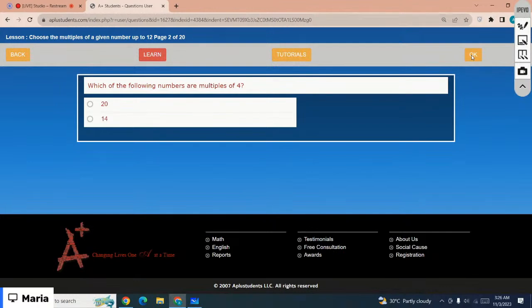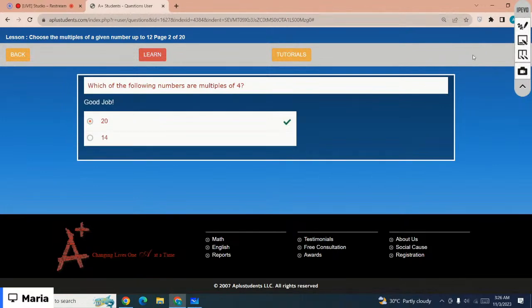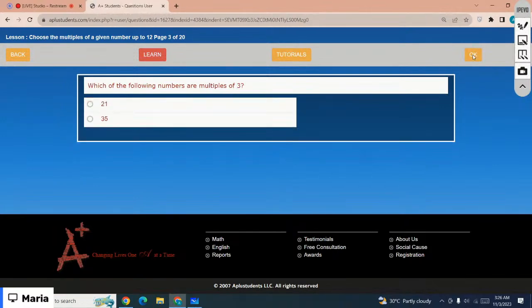Yes, that is 20. You don't have 4 times any number equals 14. 4 times 5 is 20, right? Okay, the next one is which of the following numbers are multiples of 3, 21 or 35?